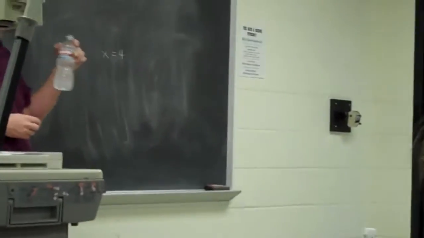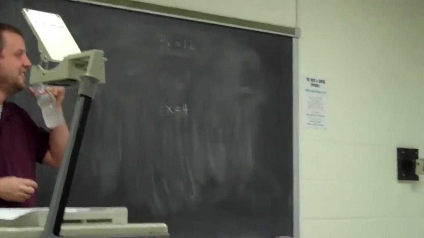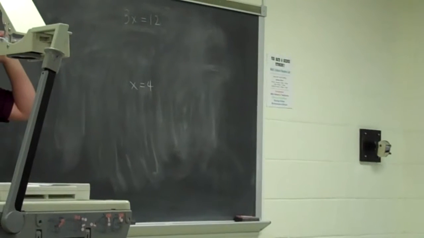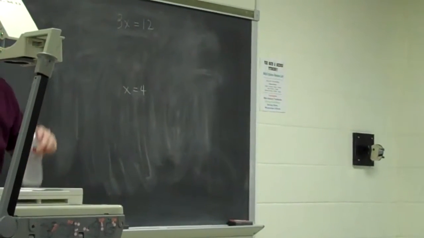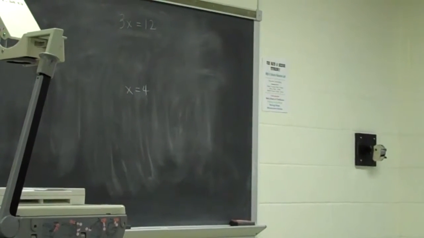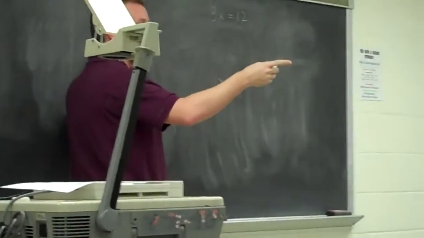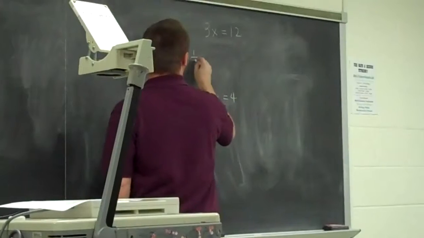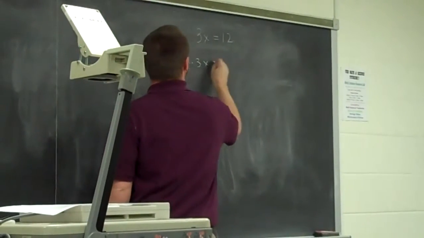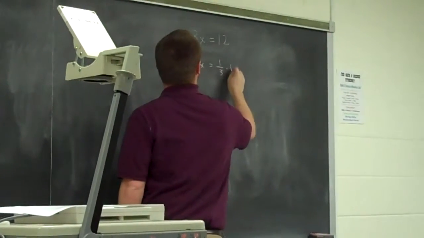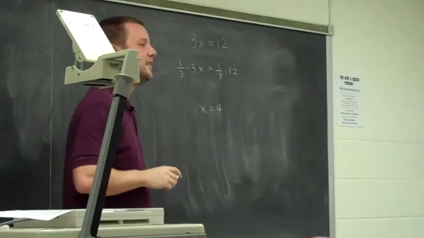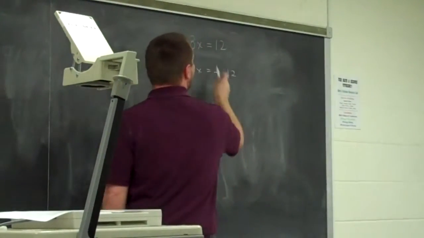I'm sorry, I forgot to say there's no such thing as division. Oh, but if I have multiplication, I can multiply by 1/3, and 1/3 exists. So what happens if I multiply both sides by 1/3? Why? Because 1/3 of 12 is 4.